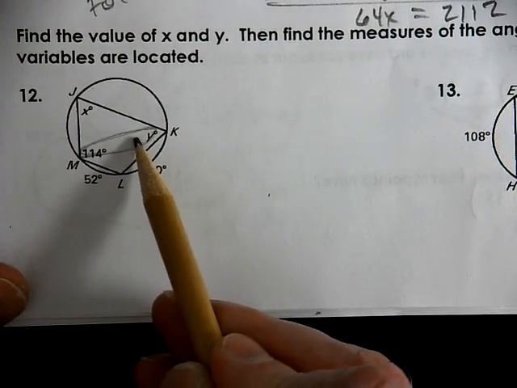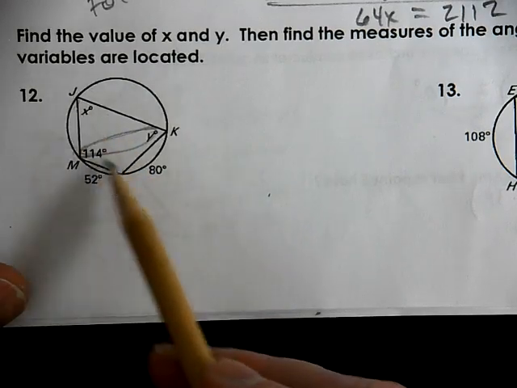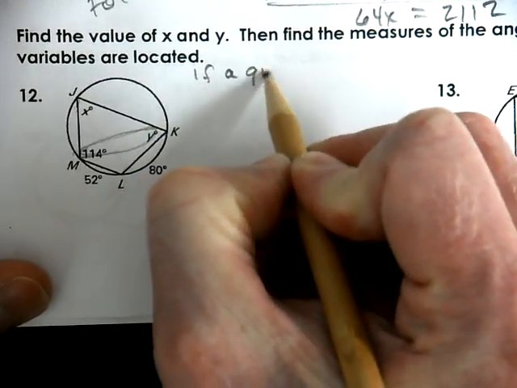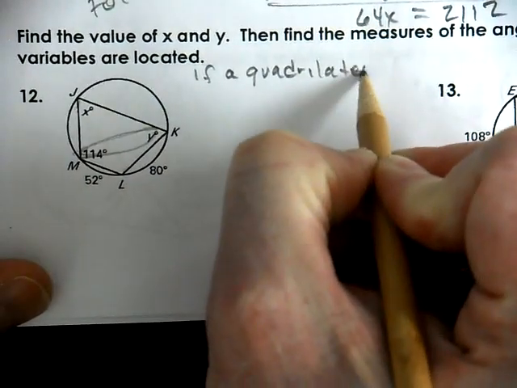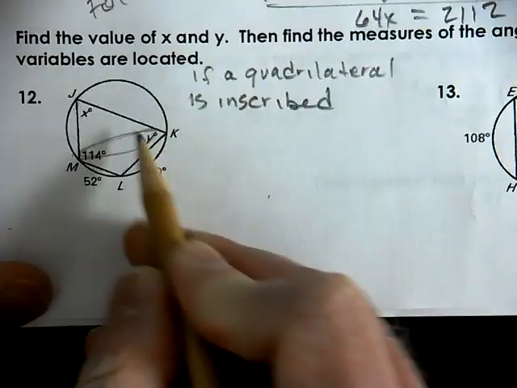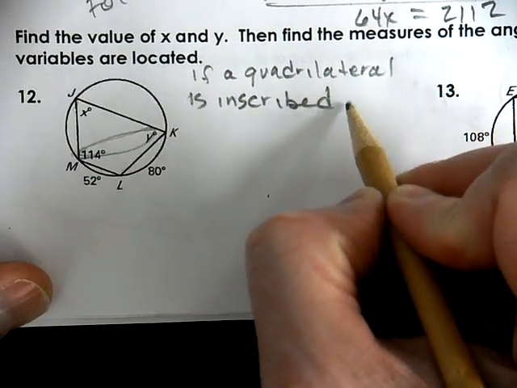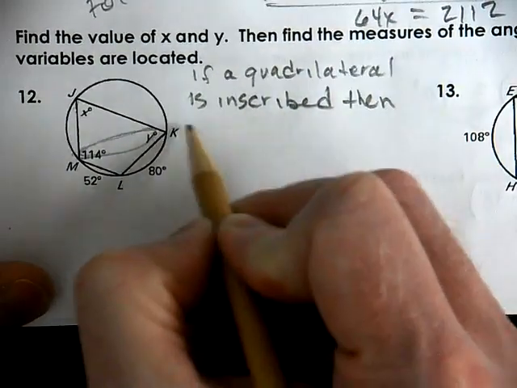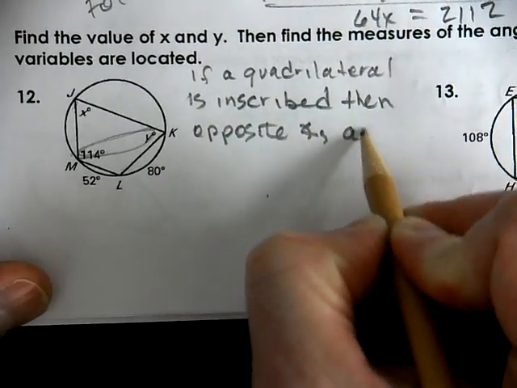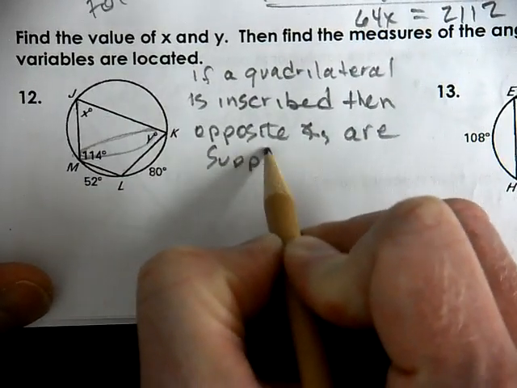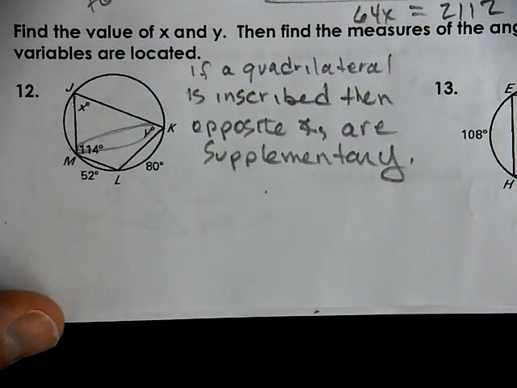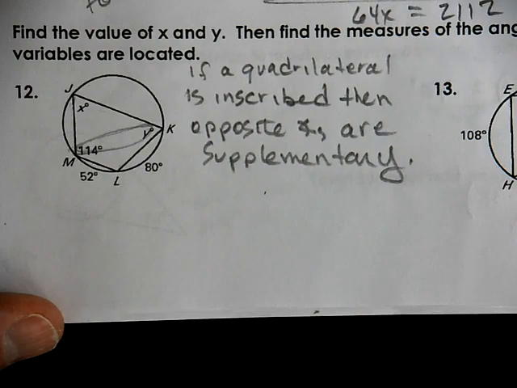If a quadrilateral is inscribed in a circle, if a quadrilateral is inscribed, that means its vertices are on the edge, then opposite angles are supplementary. There it is. That's our property that we would need to be able to use.